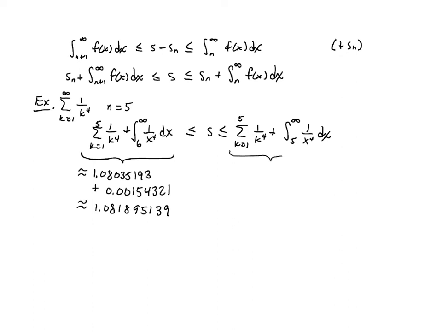This right-hand bit here, I have that that's approximately the same first bit, 1.08035193, right? And let's just be clear where those numbers are coming from.